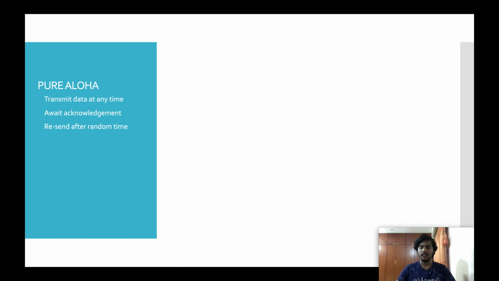So to avoid this and decrease the probability of the messages being mixed up, we resend it after a random amount of time. And to decrease the complexity, we use a fixed frame size. Vulnerable time, eta, which is the efficiency, and maximum efficiency will be discussed later.